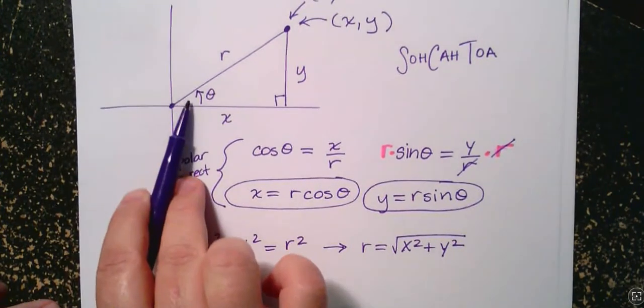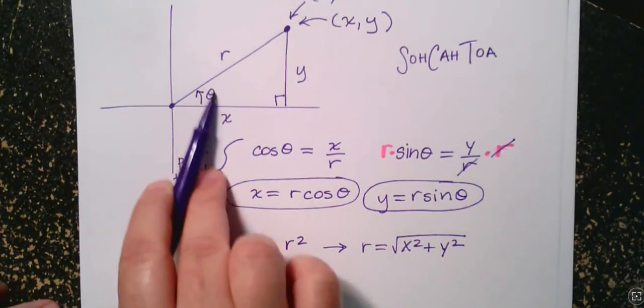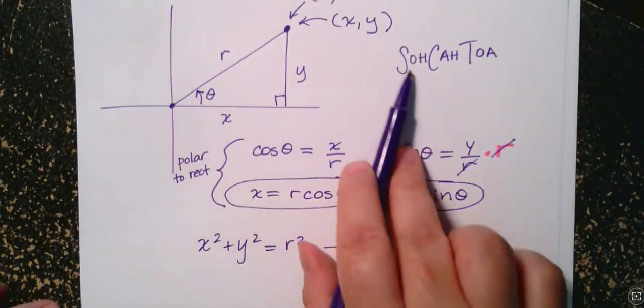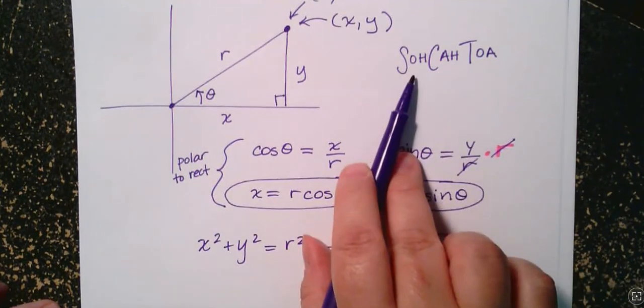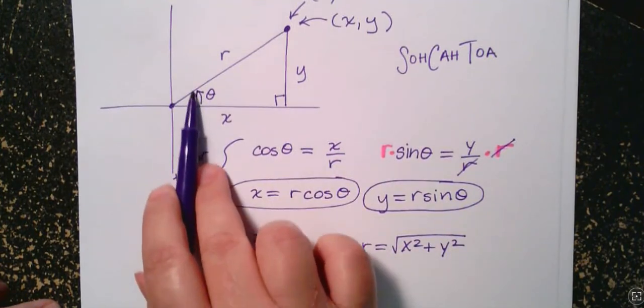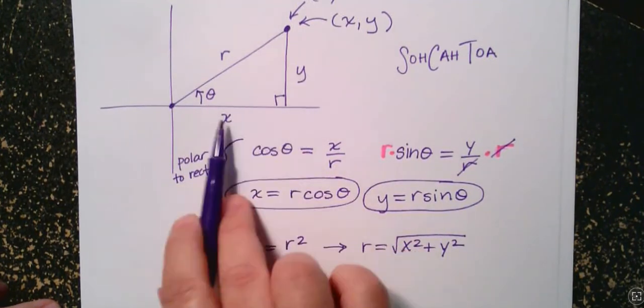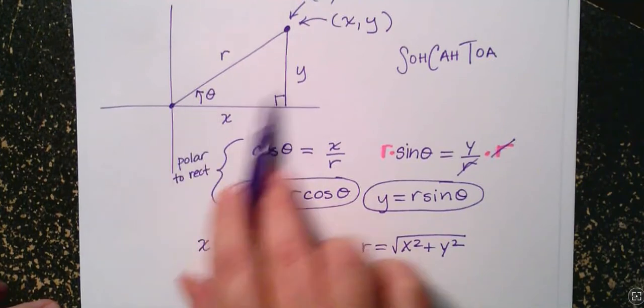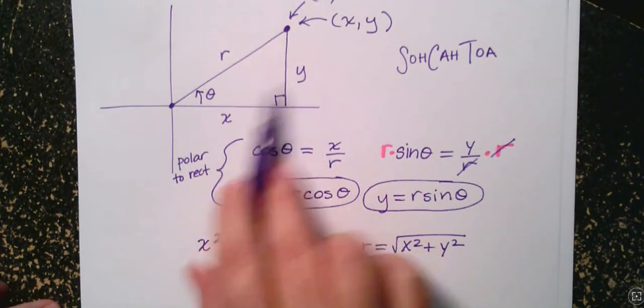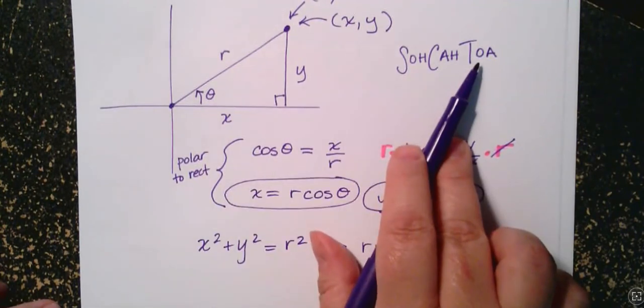Well, theta is this angle. If you have to find the missing angle in a right triangle, remember you're going to set it up just the same way you would for anything else that's missing. In other words, you're going to use one of these. And then you're going to have to use an inverse function. So in other words, if I have to find theta and I have y and x, first I'm going to look at those and say, well, that's the opposite and that's the adjacent. Opposite and adjacent goes with tangent.